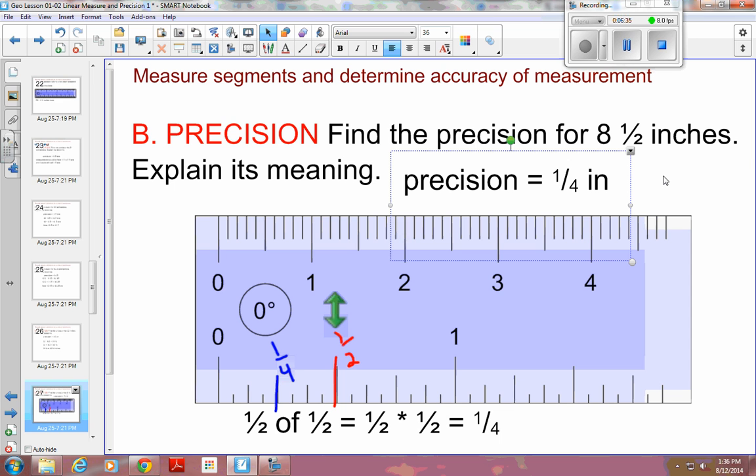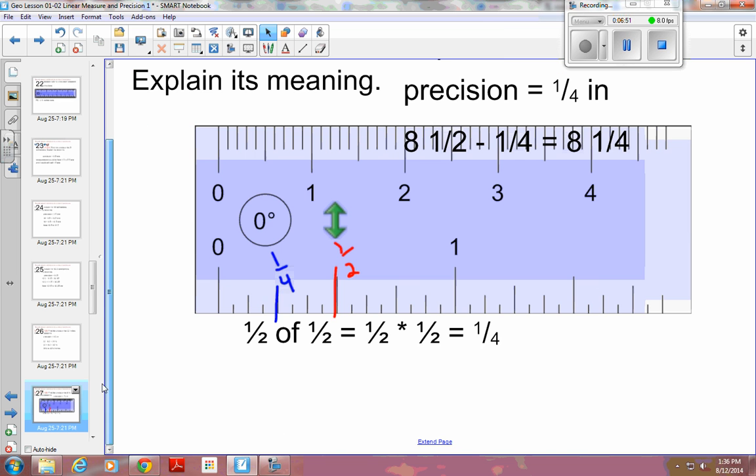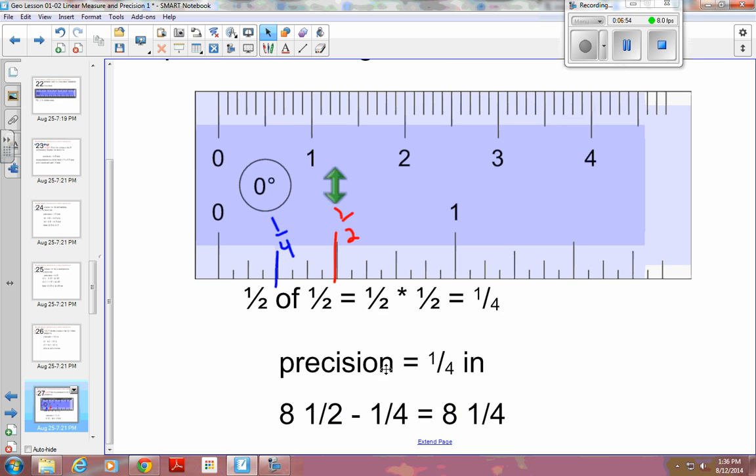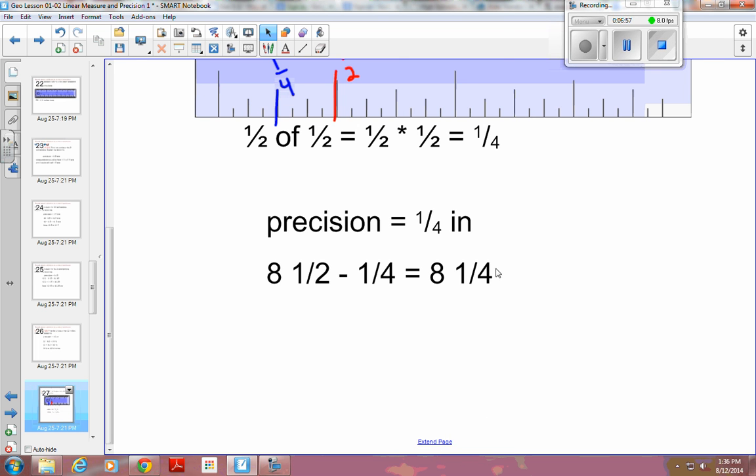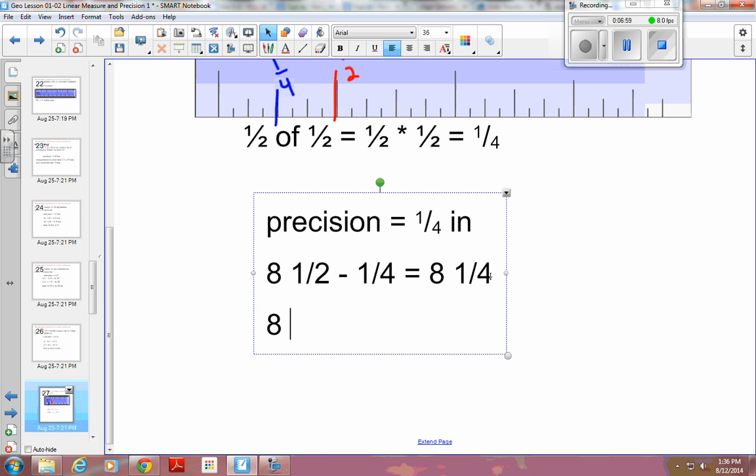What does that mean? Well, if I take 8 and 1/2 and I subtract 1/4, I get 8 and 1/4. And this is getting messy, so let me just move this all down. And if I take 8 and 1/2 and I add 1/4, 1/2 is actually 2/4, so 2/4 plus 1/4 is 3/4.